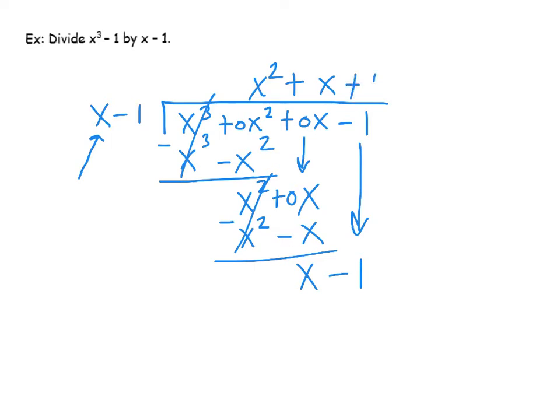I need a plus 1 up here because 1 times x is x. 1 times negative 1 is negative 1. And look at that, it's another one with no remainder. The next one that we do here will have one. You'd get x squared plus x plus 1 if you divided those two polynomials.